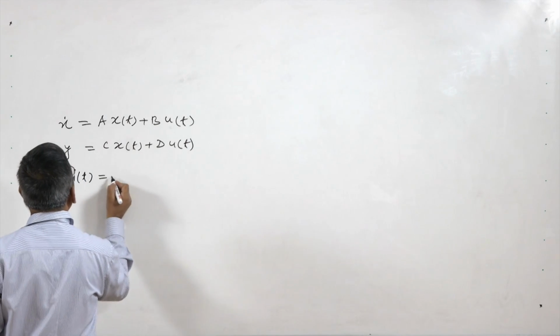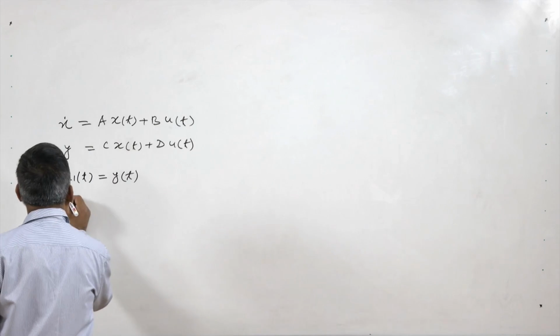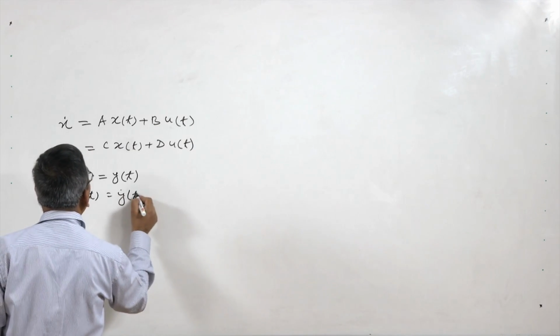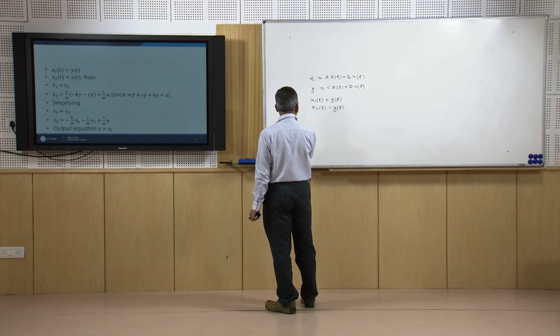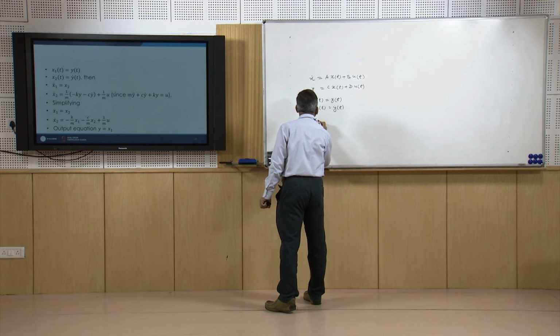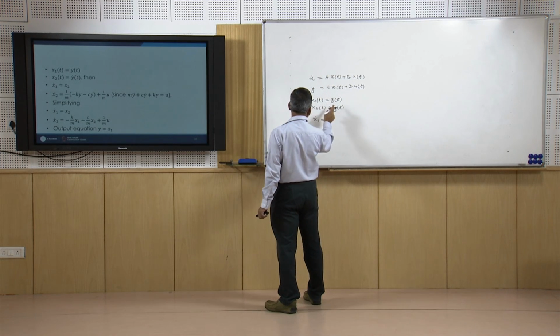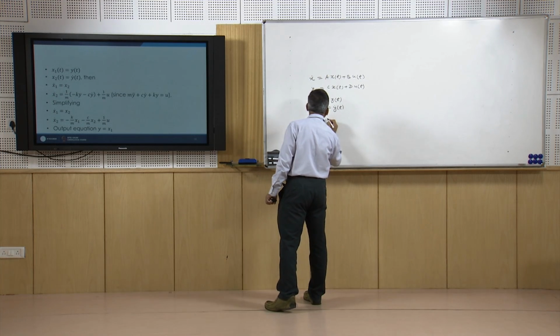So, x1(t) I am writing as y(t) and x2(t) I am writing as y derivative (t). Fine. So, what is my x1 derivative? If I take x1 derivative here, this will be basically y derivative, and y derivative we are already writing as x2.